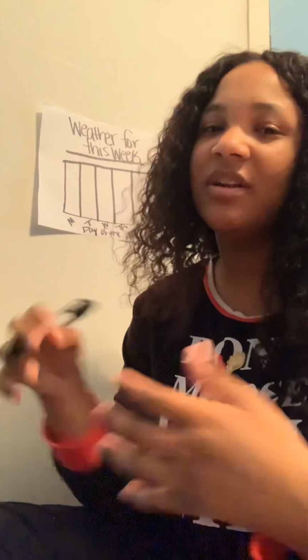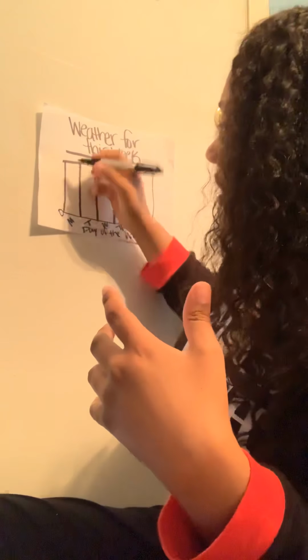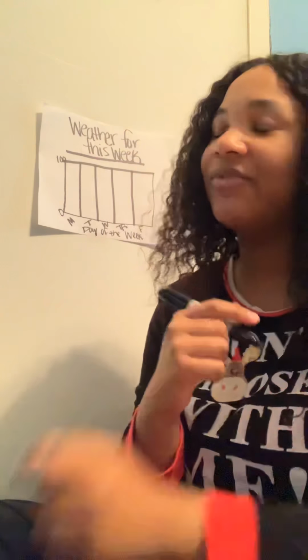We're going to at least go to 100. So I want to start at 0 and I want to end at 100. What's a number that I could skip count easily by to get to 100? 10, you're right.